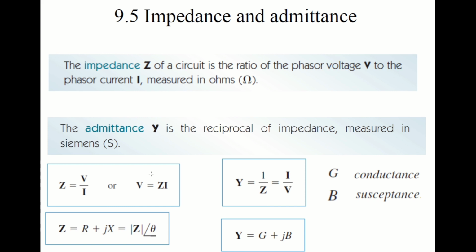So basically Z impedance is equal to V over I. In complex number, Z is equal to R, the real part, plus jX, the imaginary part, or in phasor form, Z angle theta. And the admittance is the reciprocal of impedance, so Y is equal to 1 over Z.